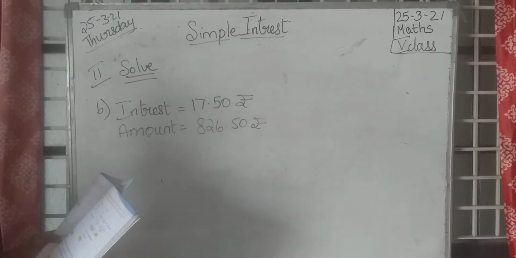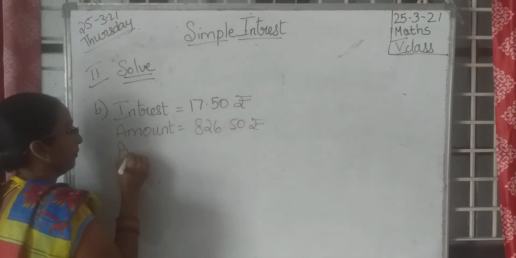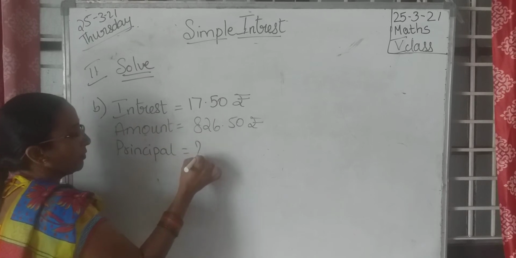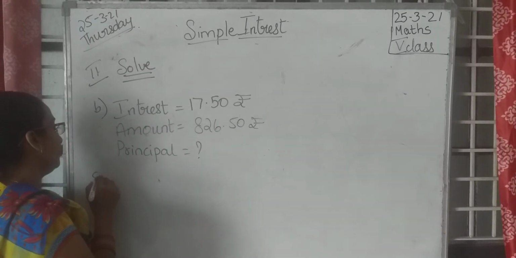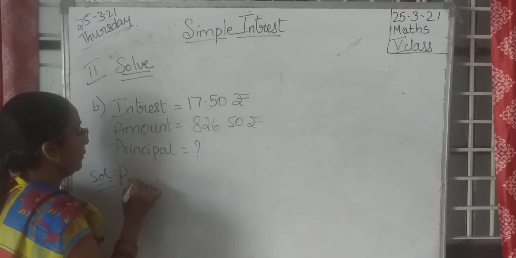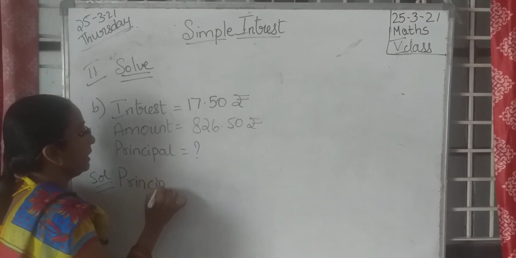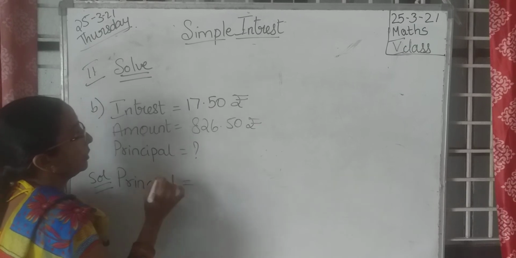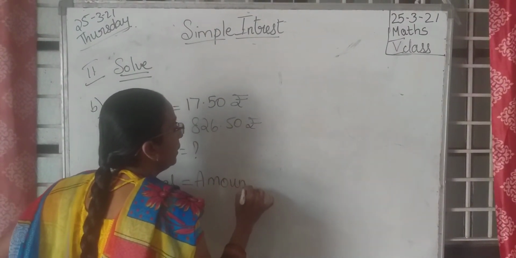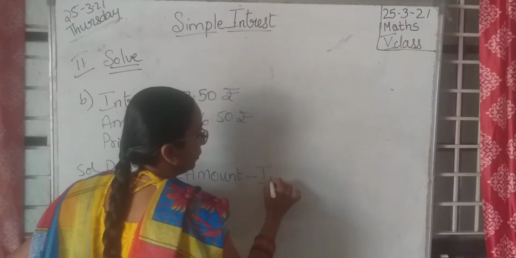Now they are asking you to find out the principal. Principal is equal to how much? How can you show the solution? Principal is equal to amount minus interest.